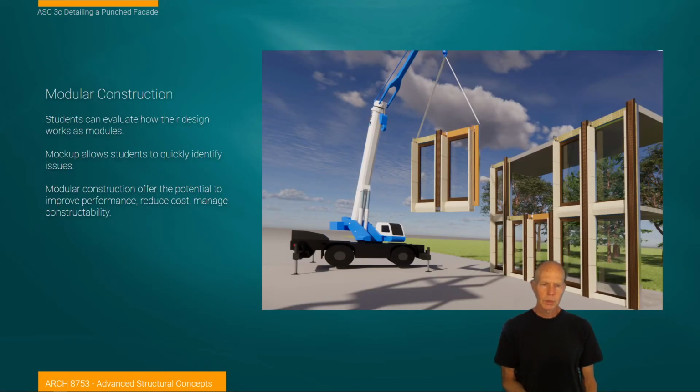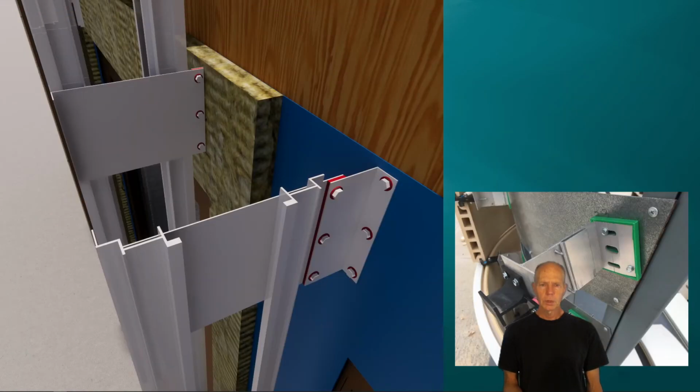One of the things I might suggest in that ability for us to explore and evaluate is that we can start to think about these components, because we're building them in a modular fashion, not necessarily with the intention of modular construction, but we're well on the way to thinking about how to put these together in a modular way that can go either way in the construction. We can decide to site build it in conventional techniques, and or break it apart and look at it as modules to be attached to the building.